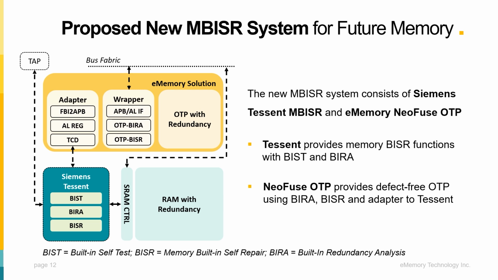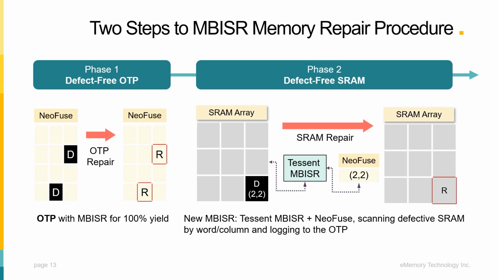So how to use this new DFT subsystem? Here, I would like to first define our system as a dual-step memory built-in self-repair system. The repair strategies and procedures are as follows. Phase 1 is to get a defect-free OTP.